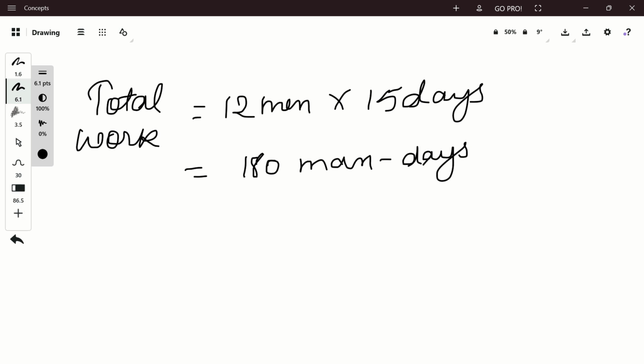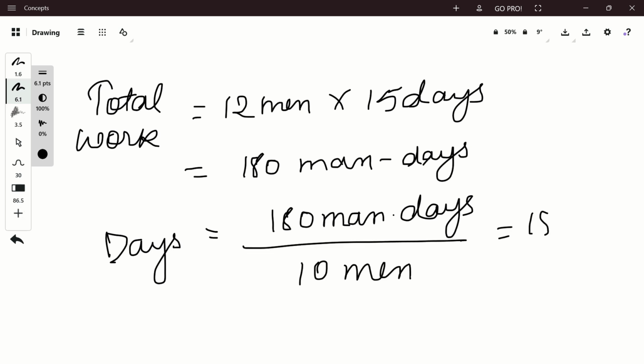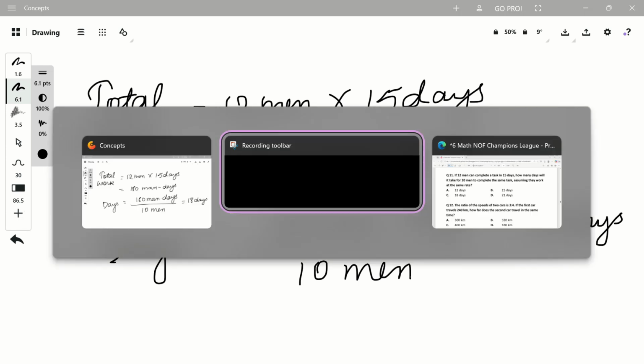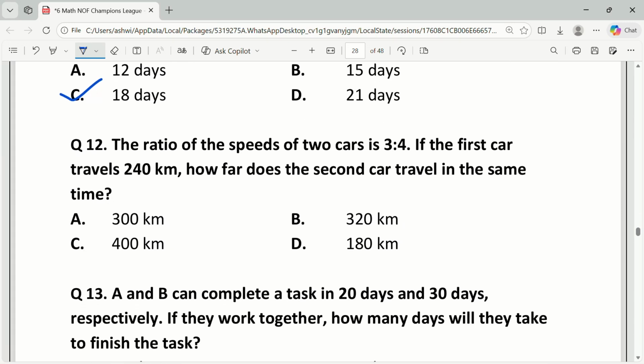To find the number of days for 10 men, divide the total work by the number of men. So, days is equal to 180 man days upon 10 men, which is equal to 18 days. Comparing with the options, the answer is C, 18 days.